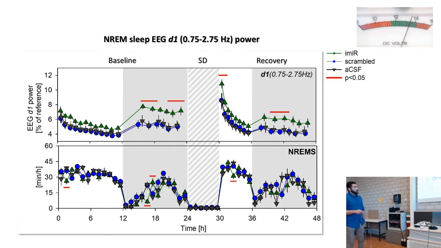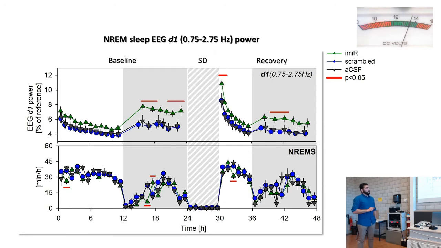Now, underneath, this panel shows that nothing changed in the time they spend every hour in non-REM sleep. So it was solely in the brainwave, in the quality of their sleep, and not in the amount spent in sleep.